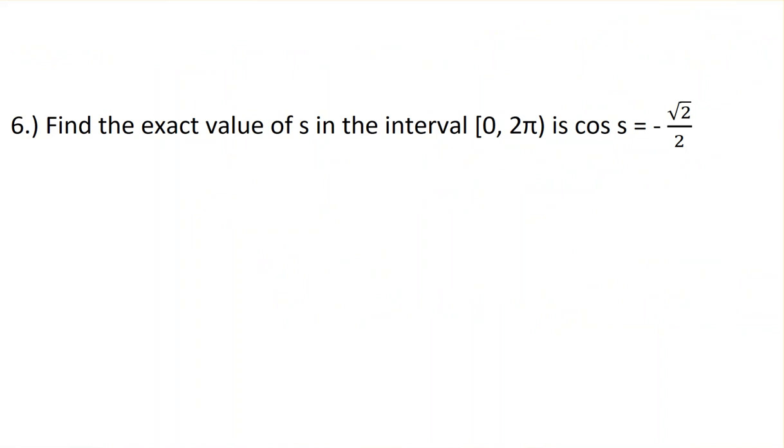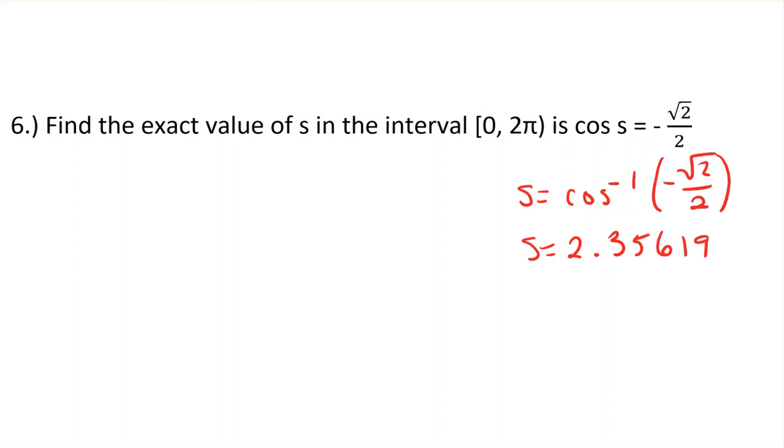This last question is going to be very similar to that. What we're going to do is find what that angle is. So we're going to use our cosine. So pause the video, go ahead and put it into your calculators.